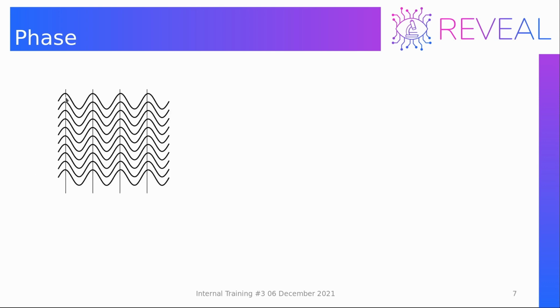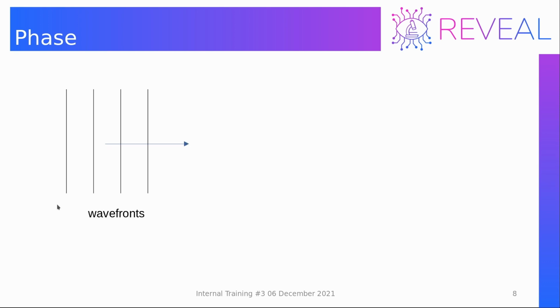But of course, if we distribute these sine waves differently, then we could create another very characteristic wavefront, which is called the spherical wavefront. But let's focus right now on these plane waves, because we will use them in this presentation.